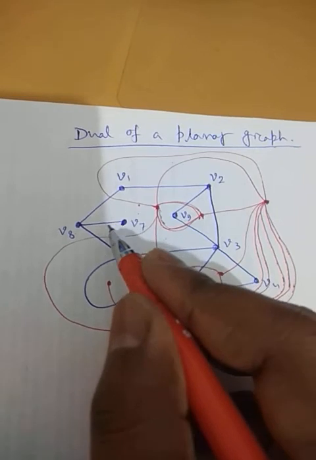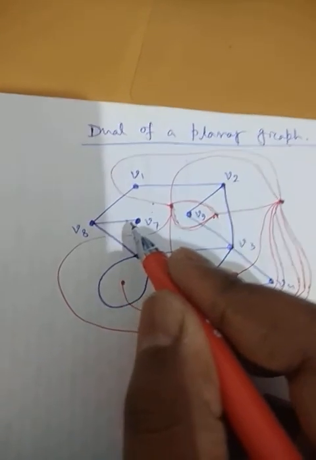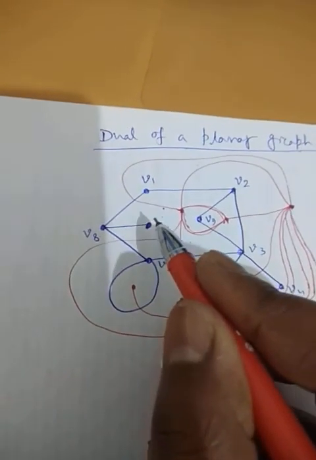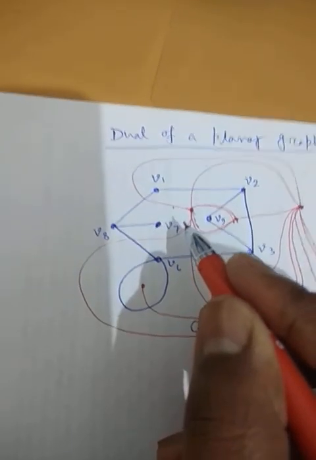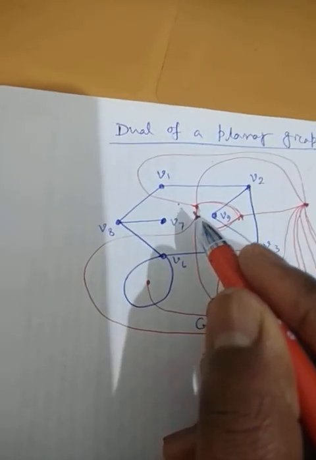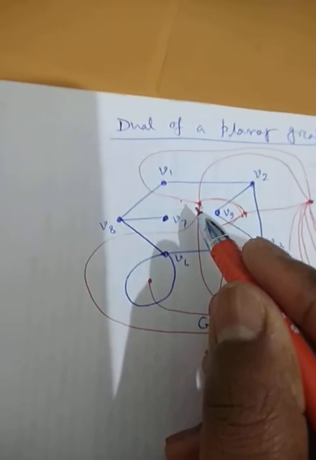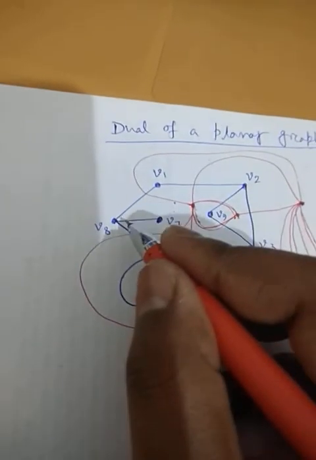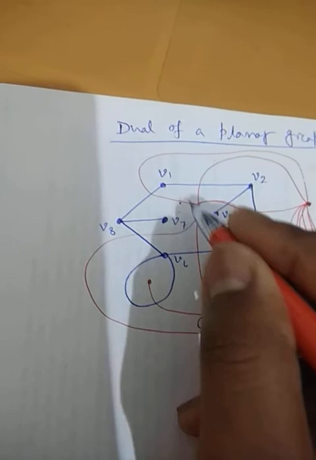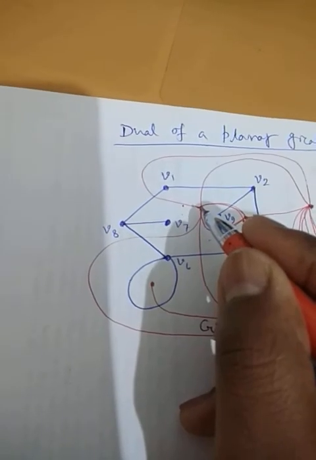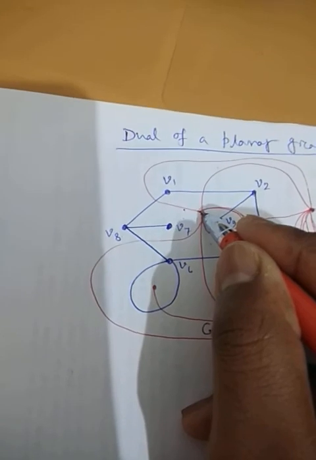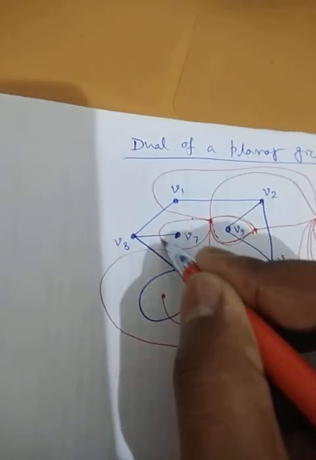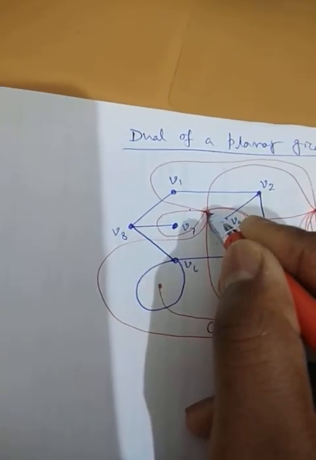If there is any edge which is lying entirely in some face, then we have to draw a self loop corresponding to the vertex lying in that face. So this edge is lying entirely in this face and the vertex corresponding to this face is this. So we have to draw a self loop taking this vertex.